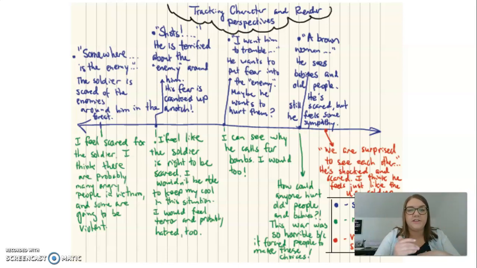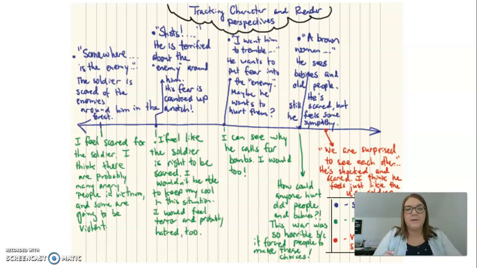The character's perspective, the main soldier, is in blue, their own perspective is in green, and then they have a Vietnamese soldier who is red. At the same time, they put the character's perspective as well as their own perspective, and they used quotes directly from the text to track that. So they're using that text evidence. This would perfectly meet our success criteria. This is a great thing you can do in your journal today.